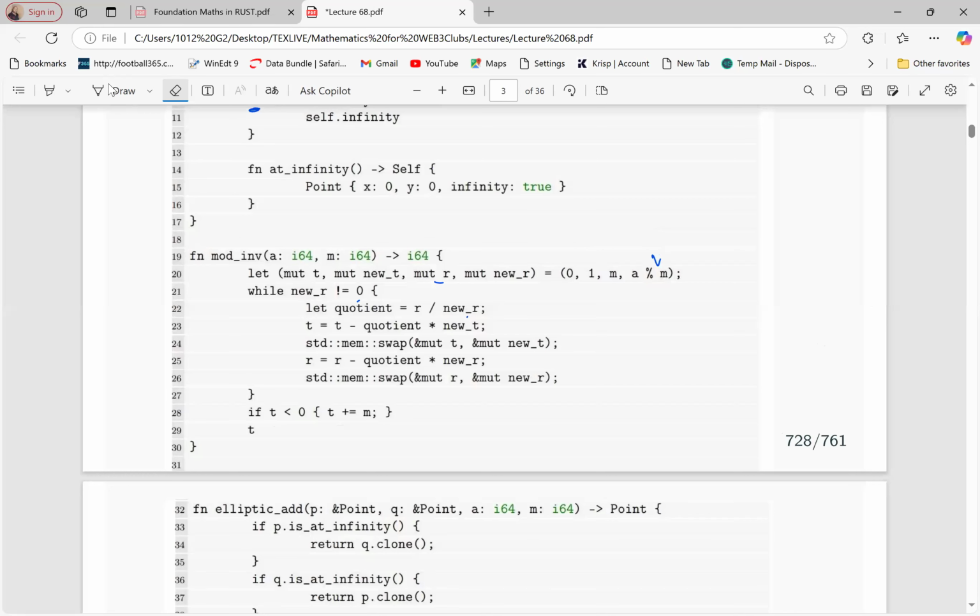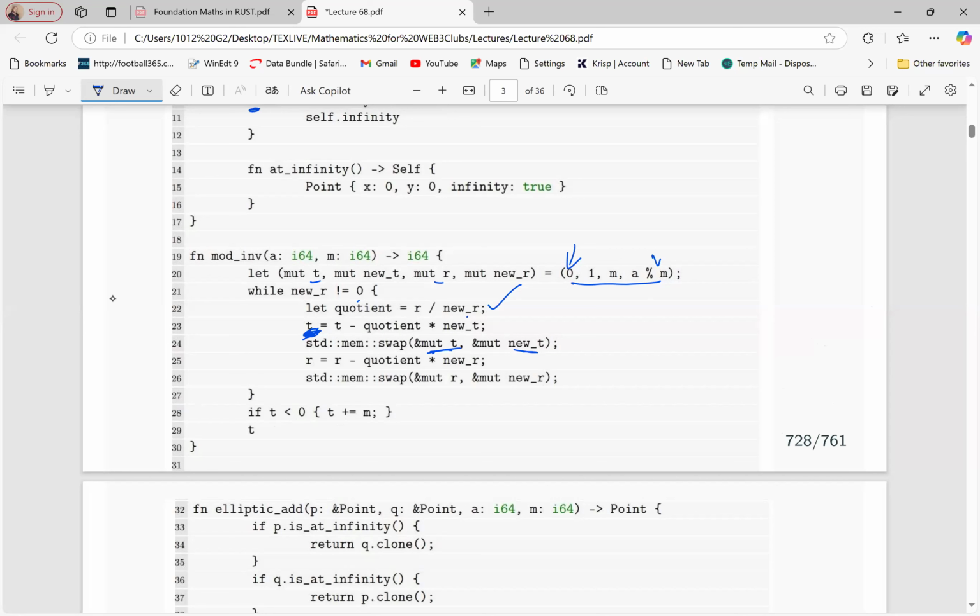Oh, there's something I forgot here. After you've done this, you see the initialized values for that. Then after initializing those values, you've calculated the quotient, then used it now to find T. And now T is no longer 0. After calculating T, there's some swap you do, the mutable T and the new T. You swap them.